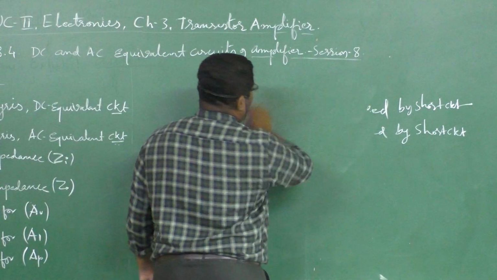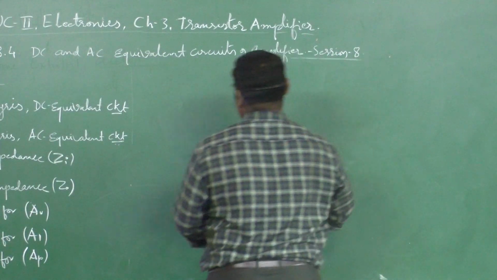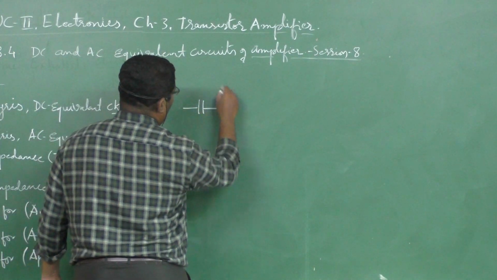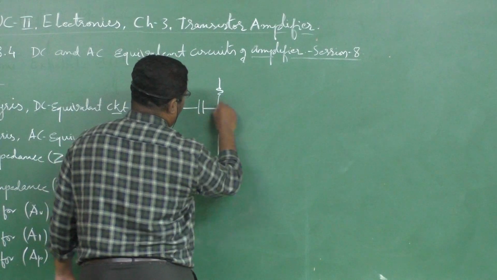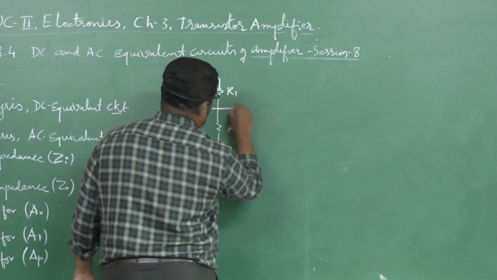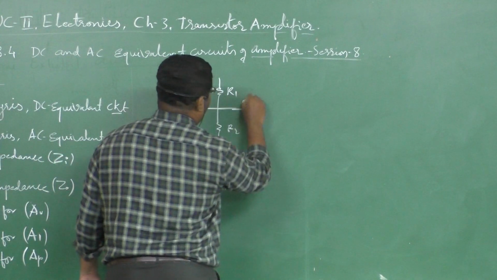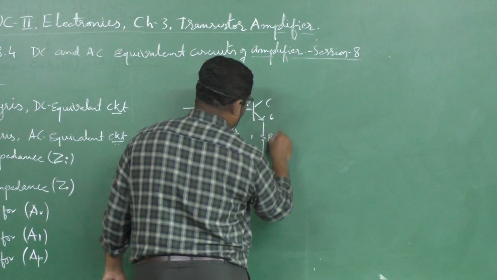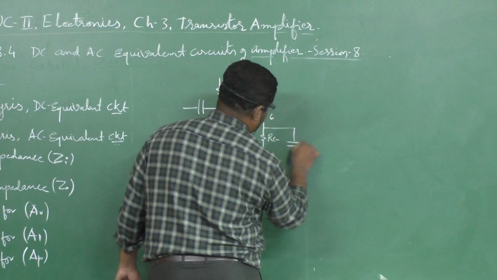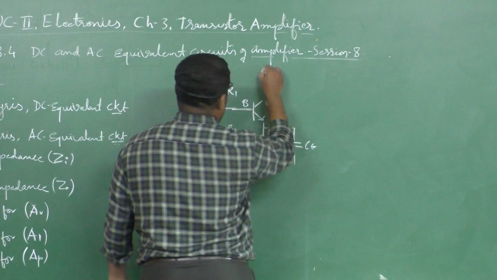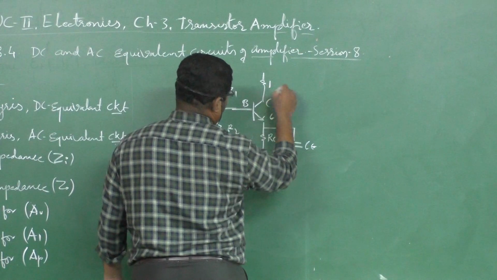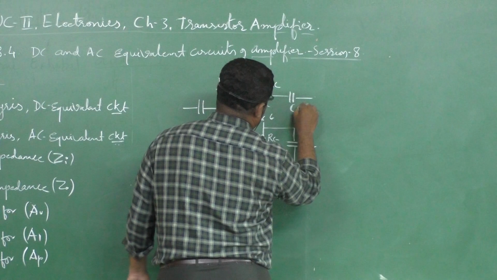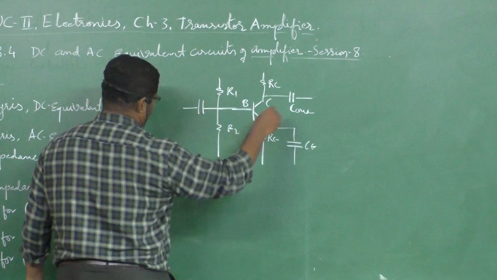So let me draw the circuit first, and then we can analyze. So we have R1, R2, and then the circuit diagram with base, collector and emitter, and the resistor across the emitter, that is RE, and the capacitor across it, CE. Here we have the collector resistance, that is RC, and the output capacitor, C out or C2.